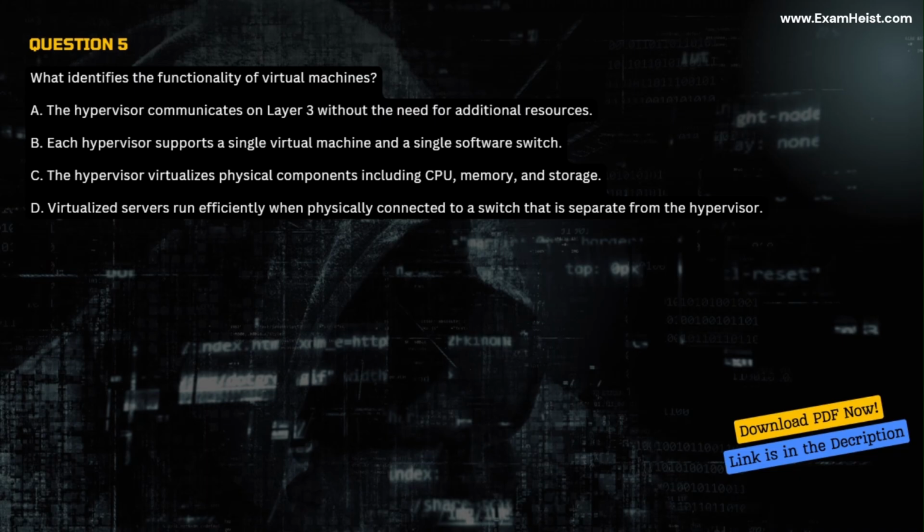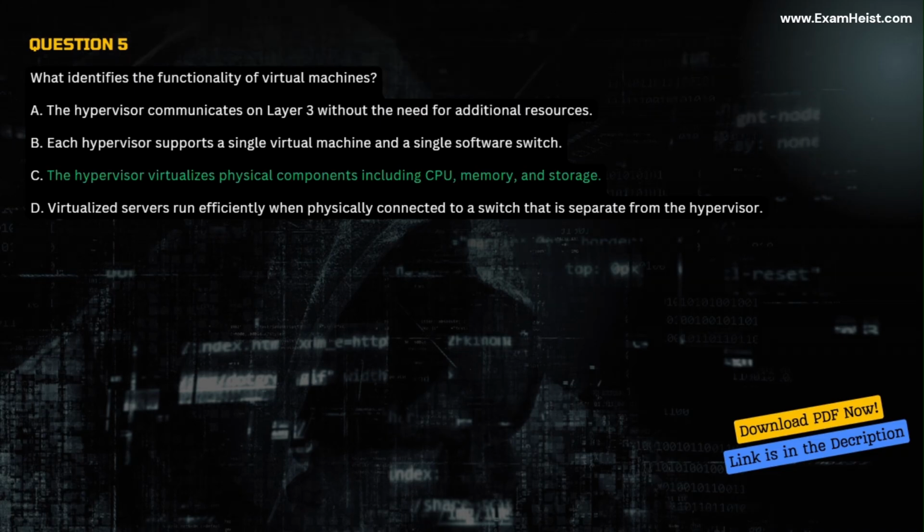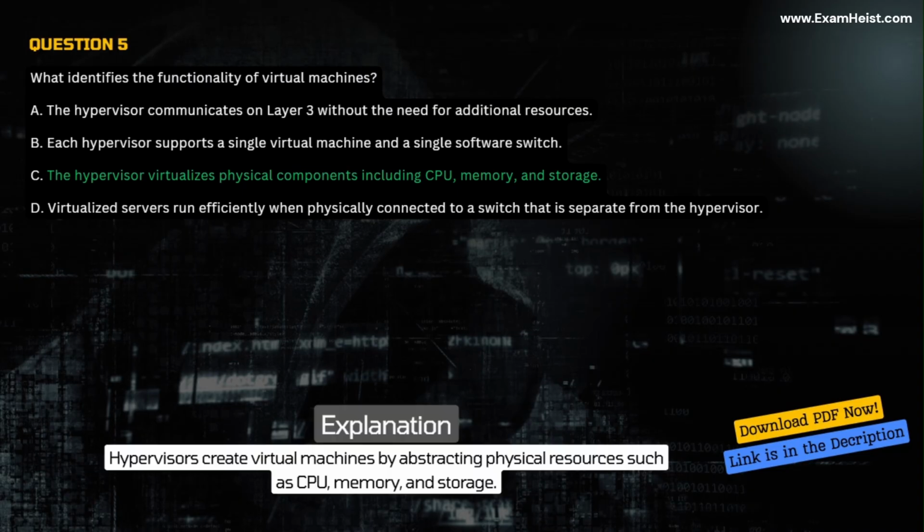D. Virtualized servers run efficiently when physically connected to a switch that is separate from the hypervisor. Correct answer C. The hypervisor virtualizes physical components including CPU, memory, and storage. Explanation: hypervisors create virtual machines by abstracting physical resources such as CPU, memory, and storage.